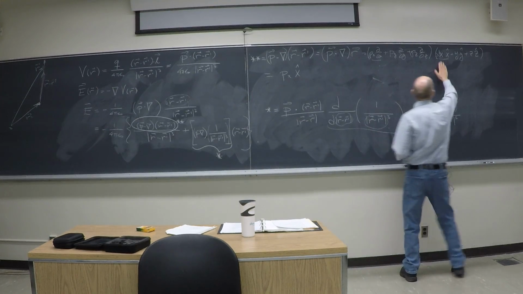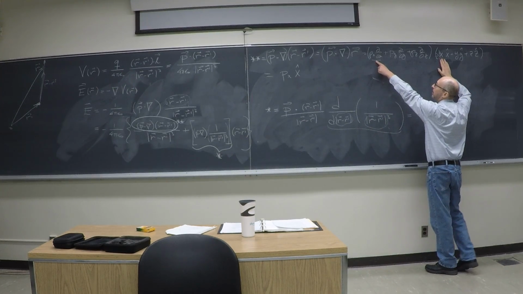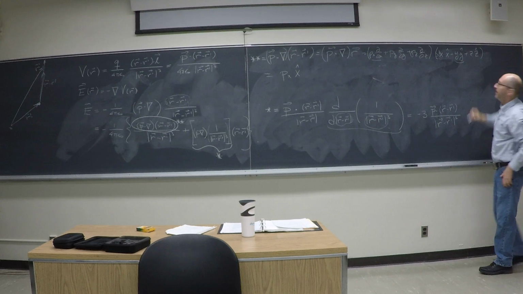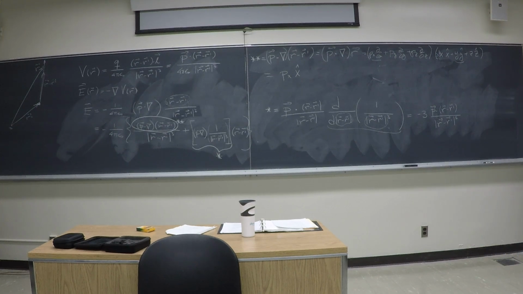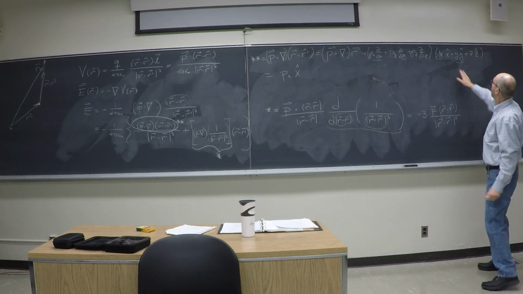Now, what is the result of acting that operator on this term? What is the derivative with respect to x of the variable y? It's a partial derivative. 0. Perfect. Okay, so we get 0.